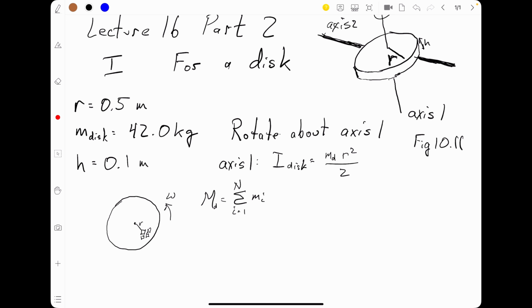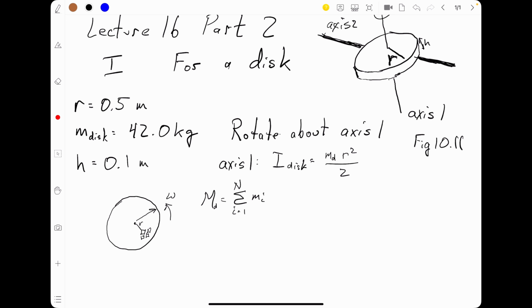It turns out if we add up all of those things, we're not dealing with r all the way out here, okay? We're not dealing with that. We're dealing with an r that is less than that for most of the masses. Most of the masses are in closer, so our r is closer.